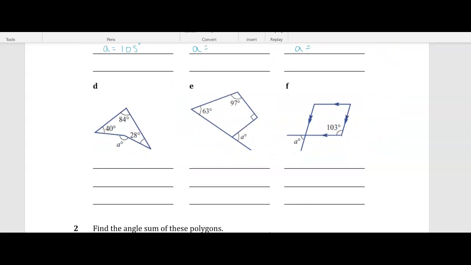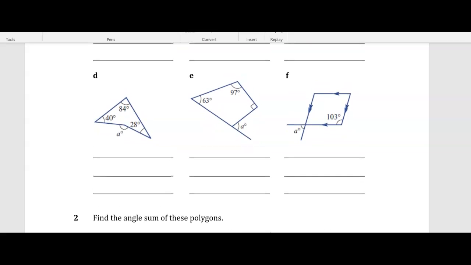All right, moving along to D, E, and F. What we can do for D is work out the angle on the other side of A and then use that angle to work out what A is equal to.